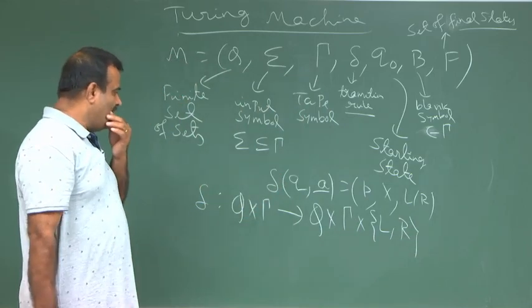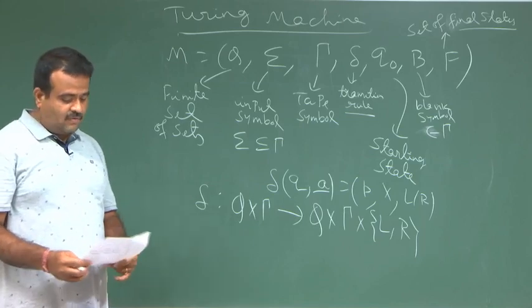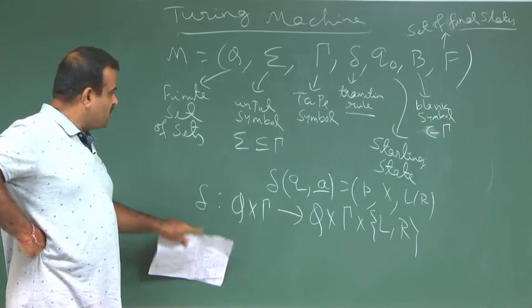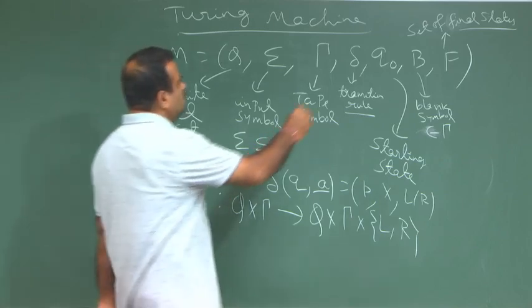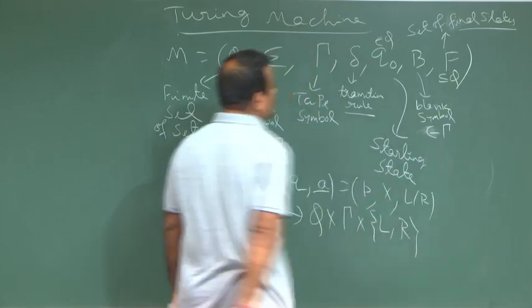So, this is the transition function delta for the Turing machine, and here q 0 belongs to Q and F is a subset of Q.